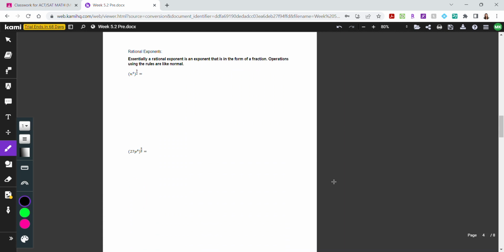So essentially, a rational exponent is an exponent that is in the form of a fraction, right? And then operations using the rules are like normal, so the product rule, the quotient rule, the power rule, same thing, except now we just have a fraction. That's all.